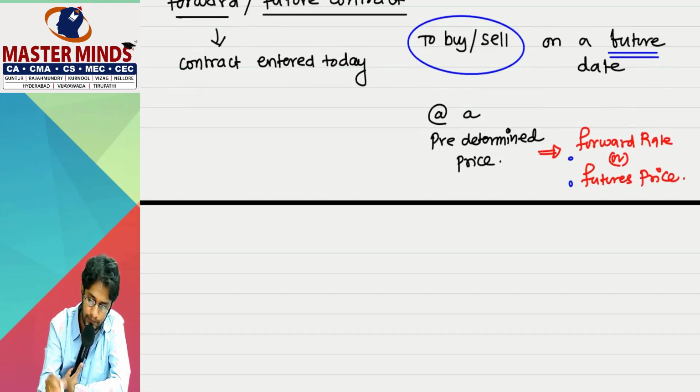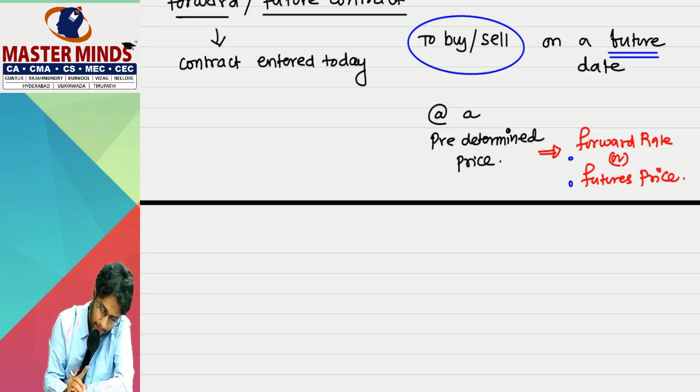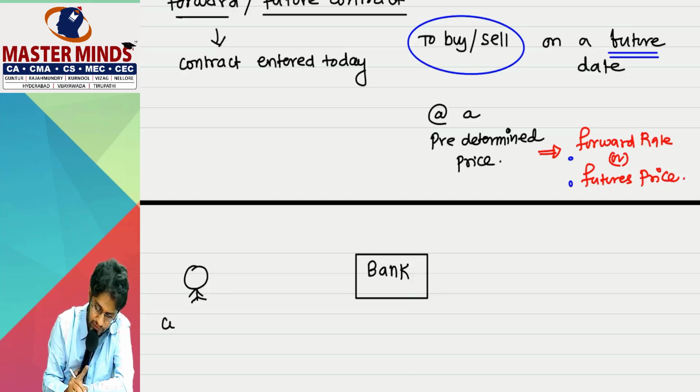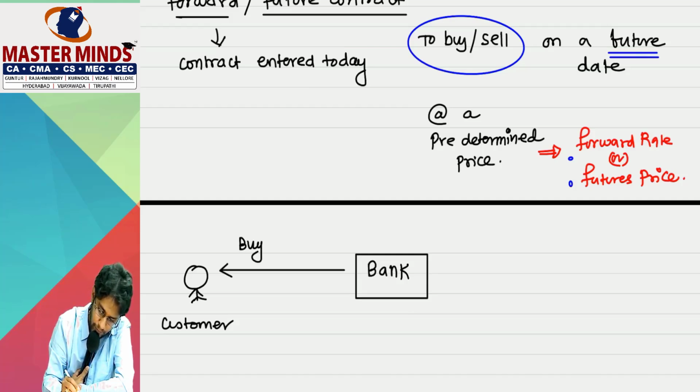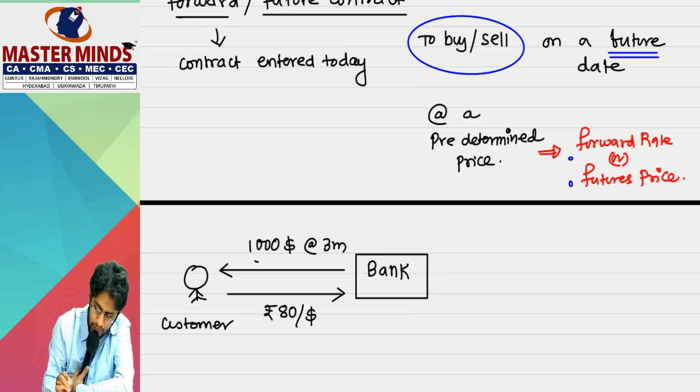Now let's put some example. Today there is a contract entered between the bank and the customer. This one is a customer. The contract is the customer will buy $1,000 at 3 months time from the bank, and to the bank the customer will pay rupees 80 per dollar.